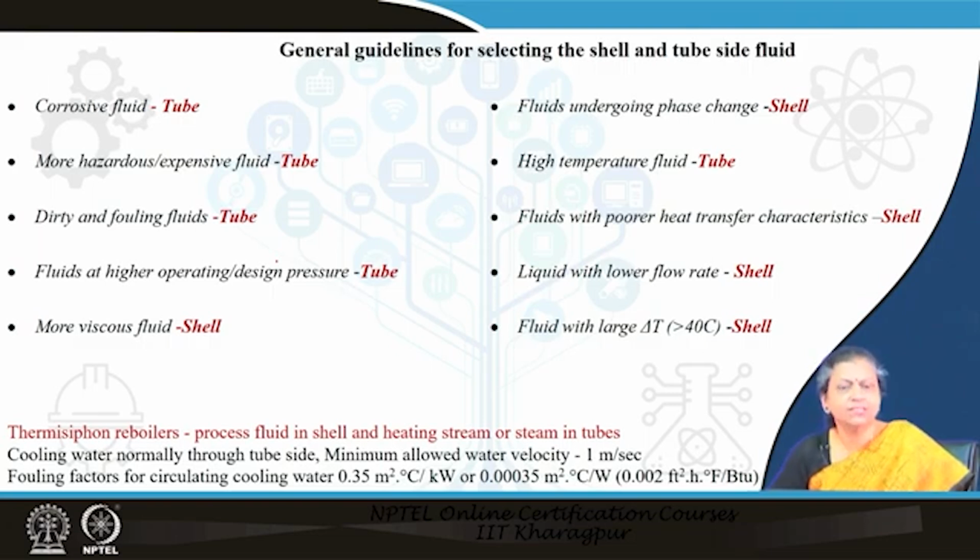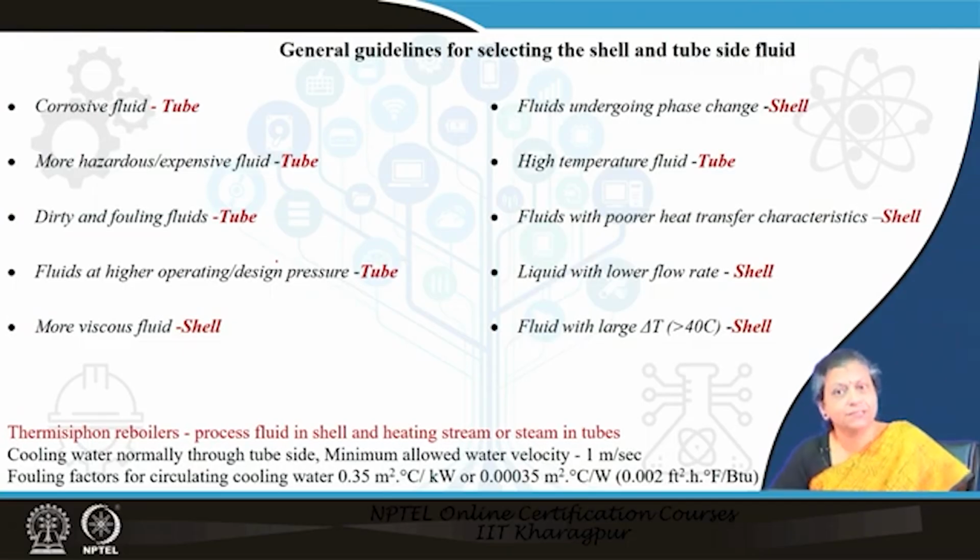I had mentioned one statement that the critical Reynolds number for the shell side fluid is 200, and the critical Reynolds number for the tube side fluid is 2100. So, when we find that for a high viscosity liquid, we put it in the shell side so that turbulent flow can happen. If we then also find that the viscosity is such that even after introducing it in the shell side it is exhibiting laminar flow, then in that case we would like to put it in the tube side.